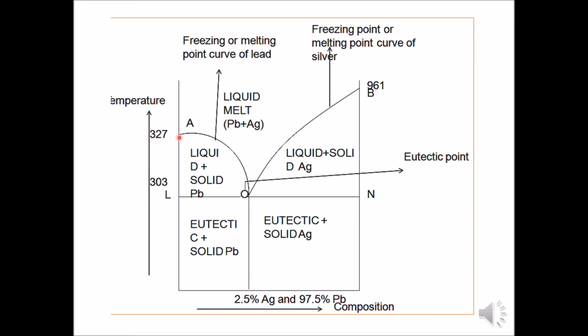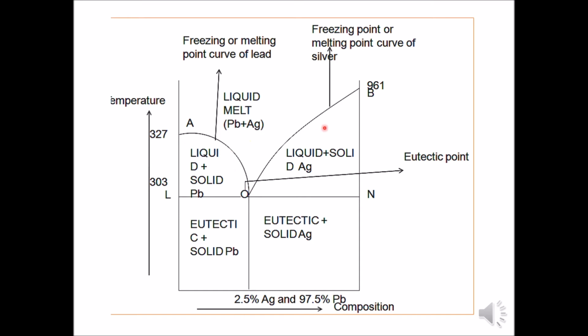These two curves we have to study in this silver lead system: the AO curve and the BO curve. This O is called the eutectic point and this temperature, 303, is called the eutectic temperature. So how many phases will be in equilibrium at a particular curve, that is AO?